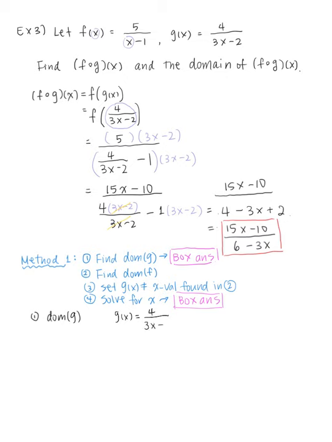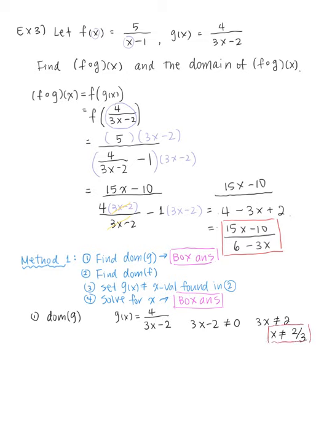Okay, so this is a rational function here, so think of it as a fraction, right? What can we not have on the denominator? 0, right? So to find the domain of g, 3x minus 2 cannot be 0. Now solving for x, 3x cannot be 2, so x cannot be 2/3. All right, box that because this is going to be a part of your final answer.